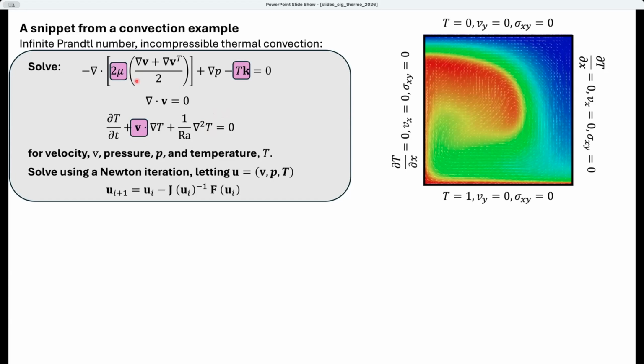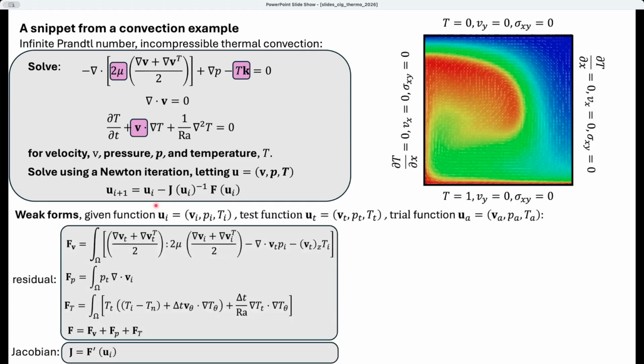So we could solve this, for example, using a Newton iteration, where we're going to have a residual that we want to find the root of, and we're going to have the Jacobian of that residual using that to update our solution vector. So we again write the weak forms of our residual. So this integral form down here, and the Jacobian, this J, is just going to be the derivative of that residual with respect to our solution variables.